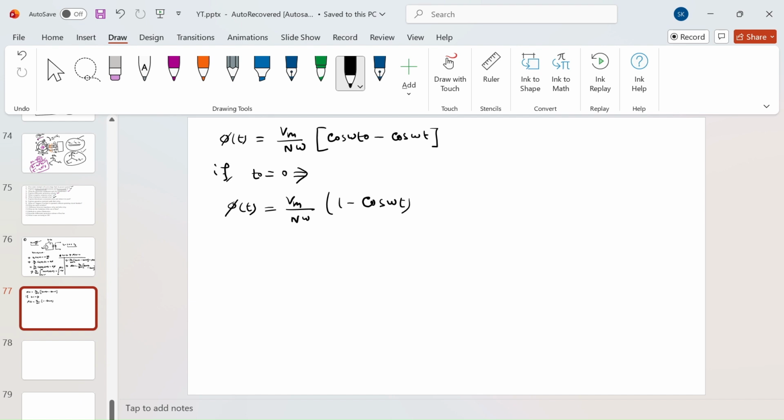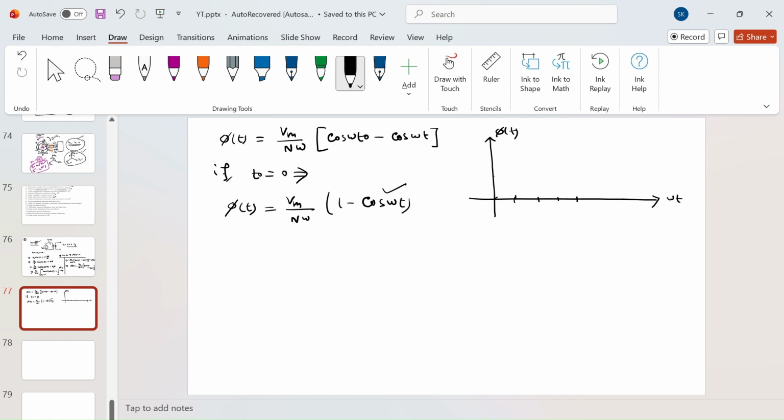If you draw this waveform, at omega t equals 0 this value will be 0, so it will simply start from 0. Let's say this is my phi of t, and this is my omega t axis, with pi by 2, pi, 3 pi by 2, and 2 pi marked.